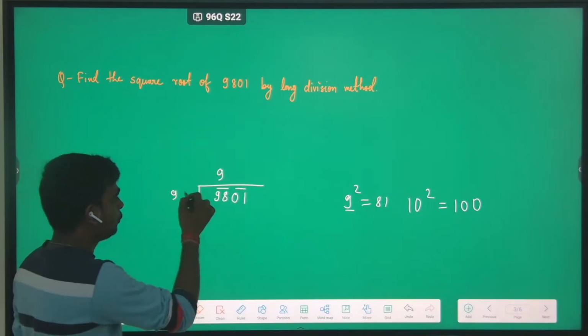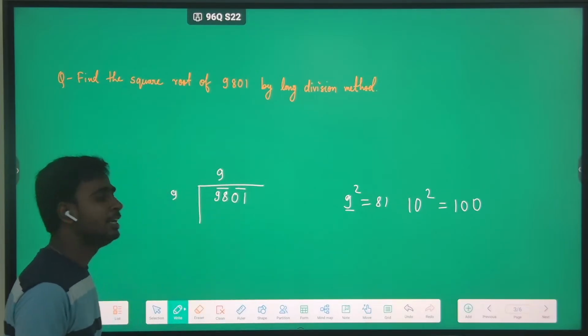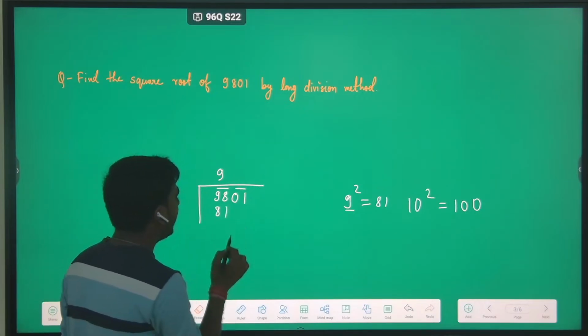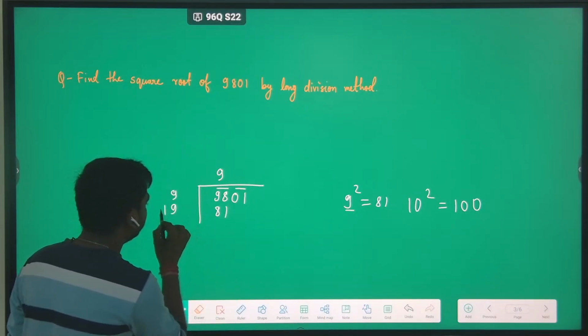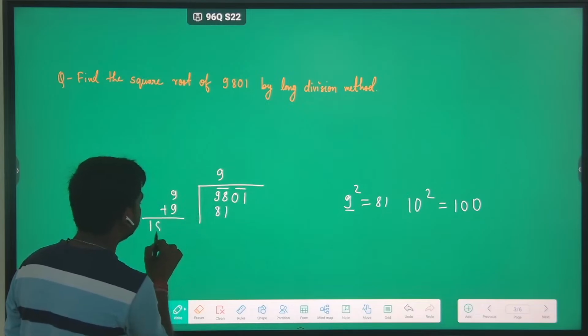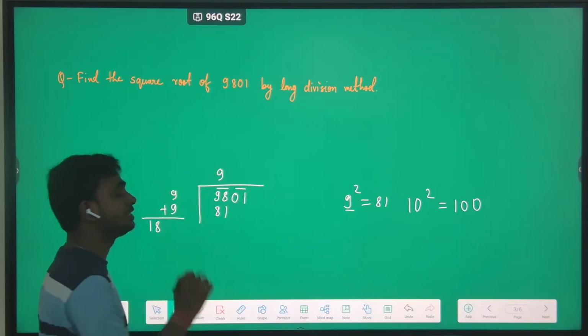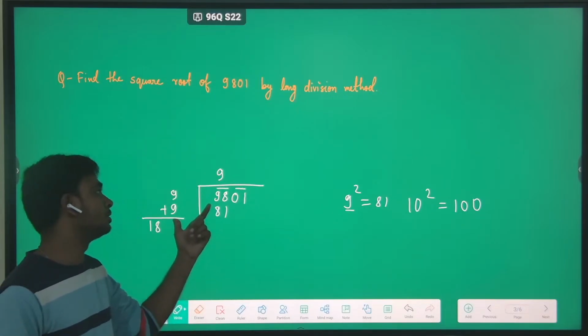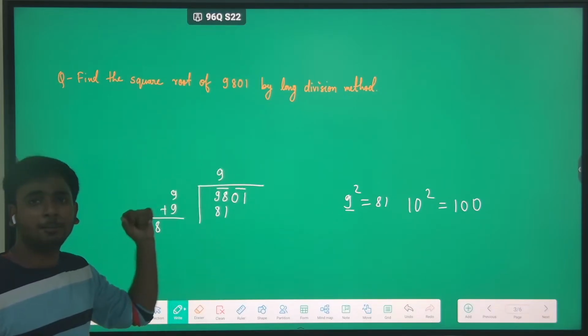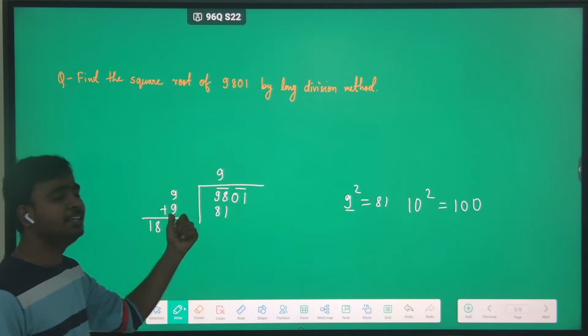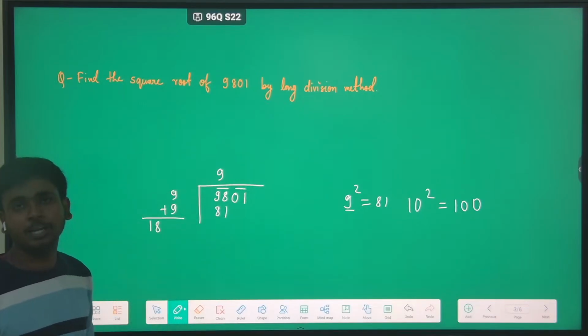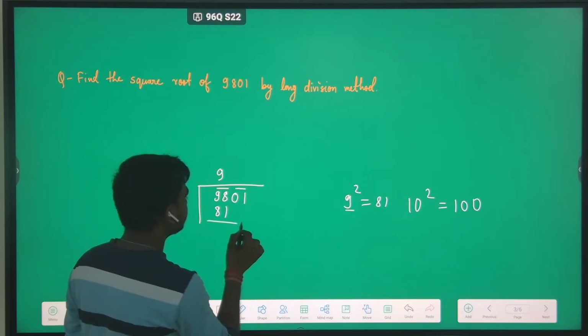So 9 multiplied by 9 gives 81. And we will add 9 here also. 9 plus 9 is 18. Okay. What we have to do? We have to multiply as well as add those numbers. We have to write 9 in the upper side and add in the lower side.